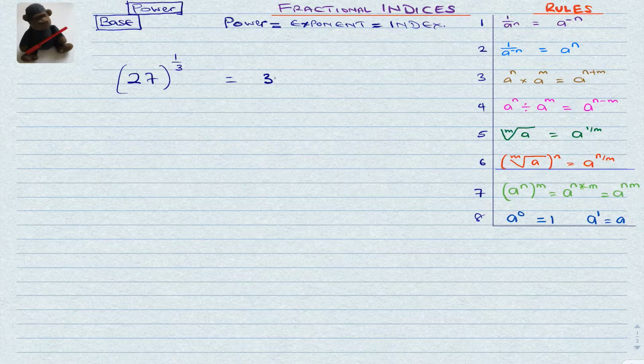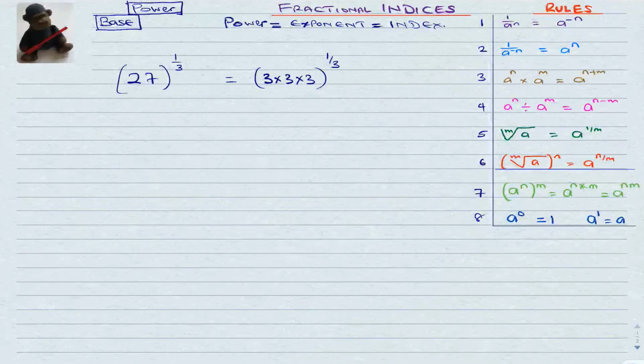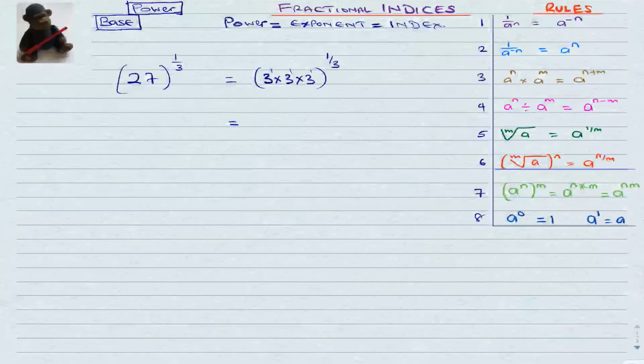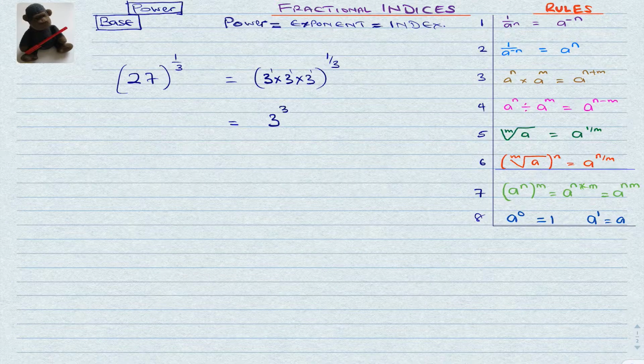Well, 3 times 3 times 3 will give us 27. Obviously, the powers are 1, 1, 1. So when we add them, it will be 3 cubed, to power 1/3.